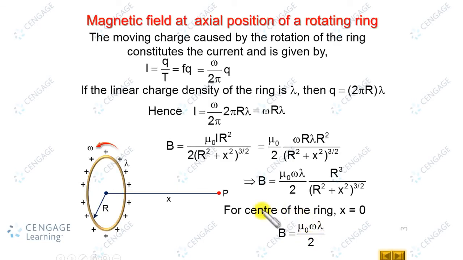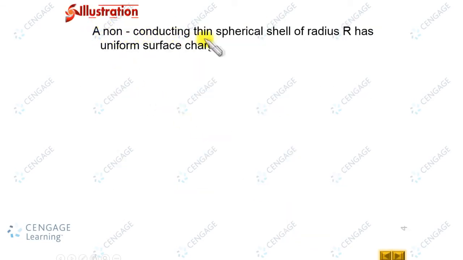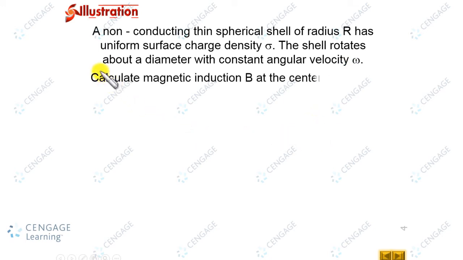Now let us move to one illustration. The illustration is: a non-conducting thin spherical shell of radius capital R has uniform surface charge density sigma. The shell rotates about a diameter with a constant angular velocity omega. The next part of the question asks to find the magnetic induction, magnetic field B, at the center of the shell.